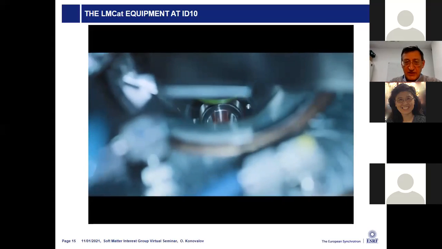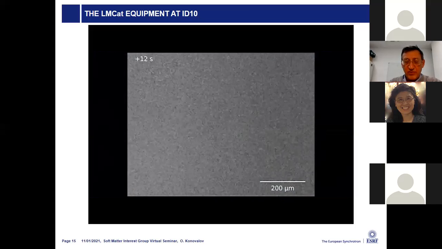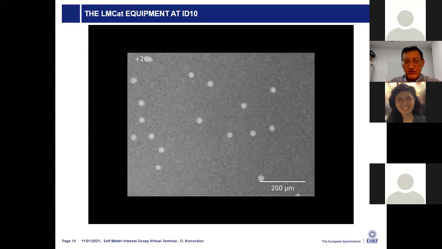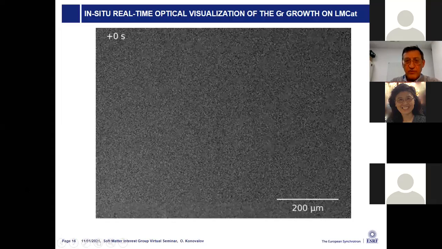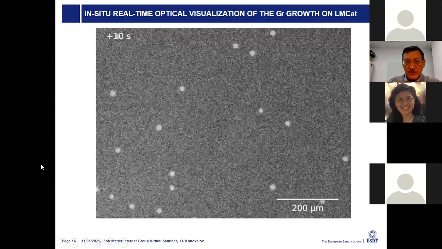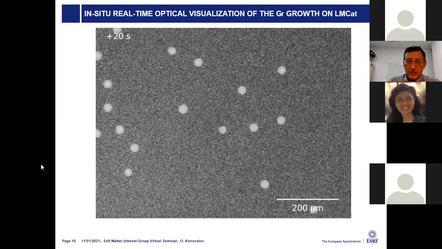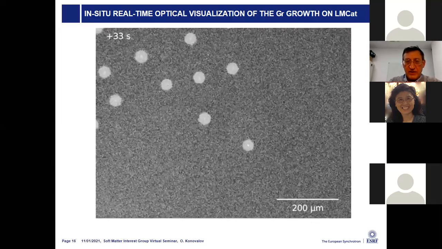And here, this bright spot, copper color, is a melt of copper, which we see through the optical window. And at the same time, when we look further, we can see in real time how graphene flakes nucleate and start to grow.